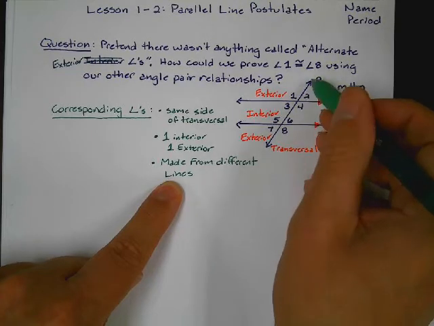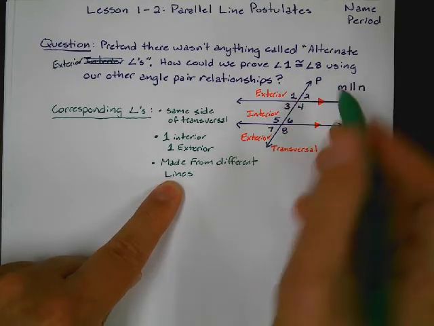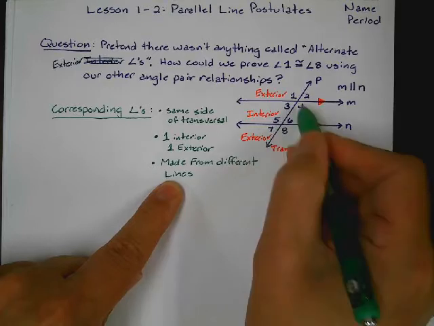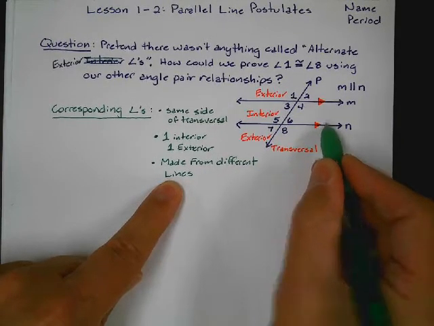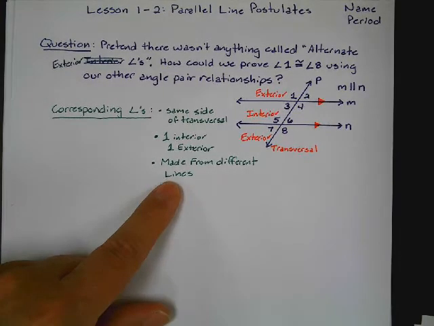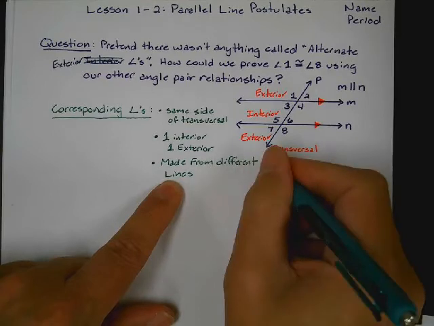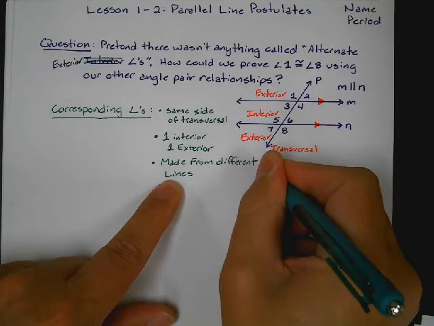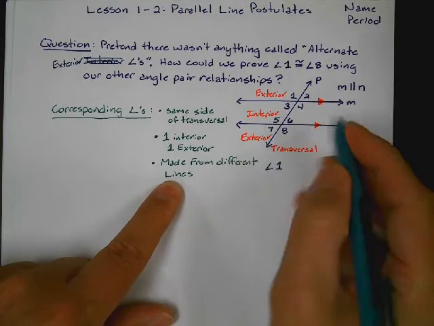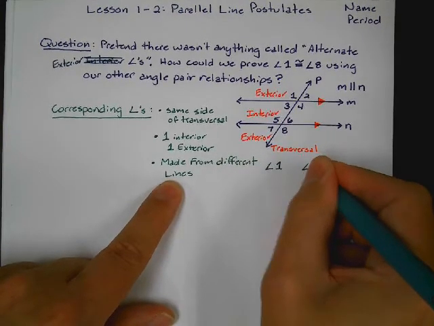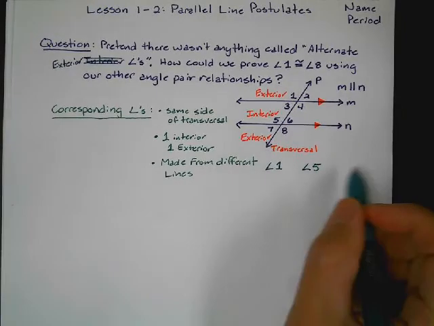So angle 1 is made from P and M, so it has to be angle 5, made from P and N instead. So now we know that angle 1 and angle 5 are corresponding angles.